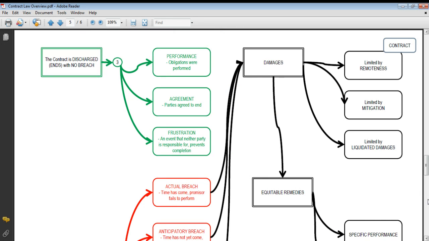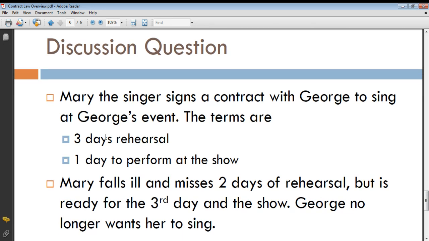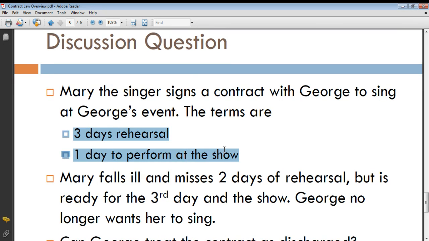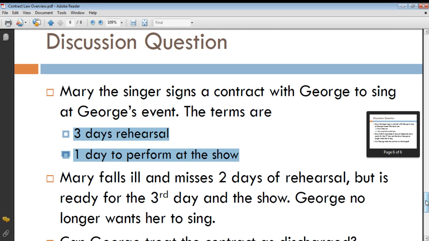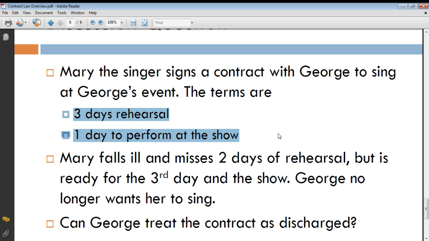So let's apply this and we look at the facts of this question. And in fact, here are the terms. 3 days rehearsal, 1 day to perform at the show. Mary has breached the term of 3 days rehearsal. Now, is this a very important or less important term?